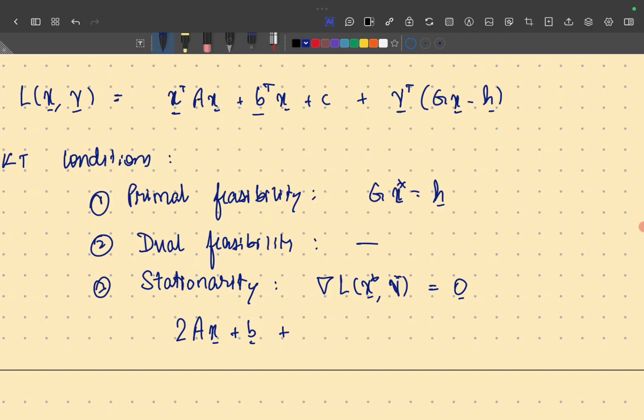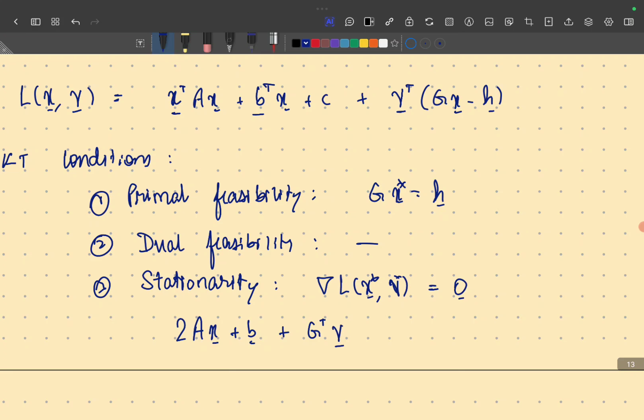Be careful with the dimensions. G transpose gamma. I'm sorry, G transpose. Since A is square, you're okay so far. The first part was okay, but someone said gamma transpose G, which is not right.